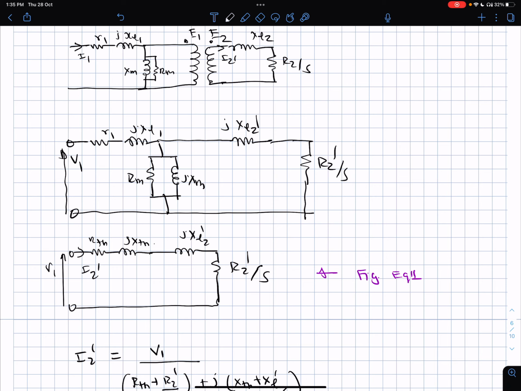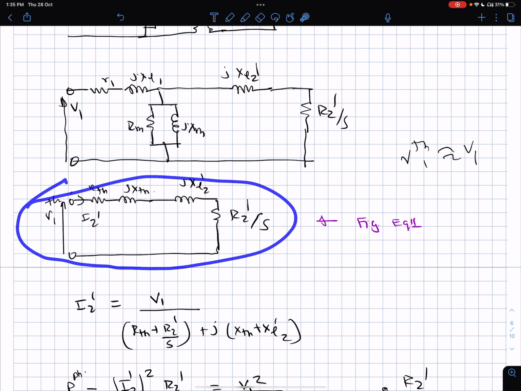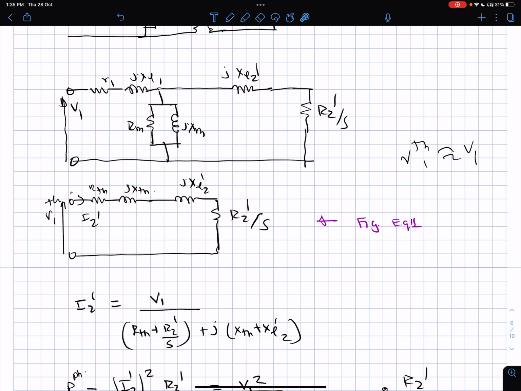VTH can be approximated by V1 if this drop is negligible. That is what I am going to do. And then XL2 dash and R2 dash by s.